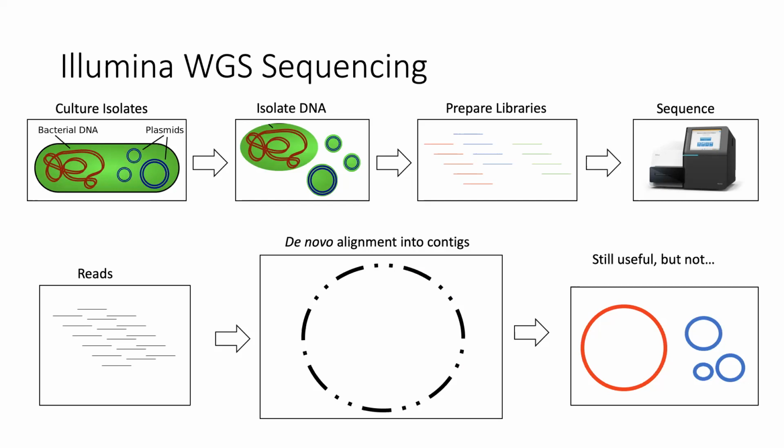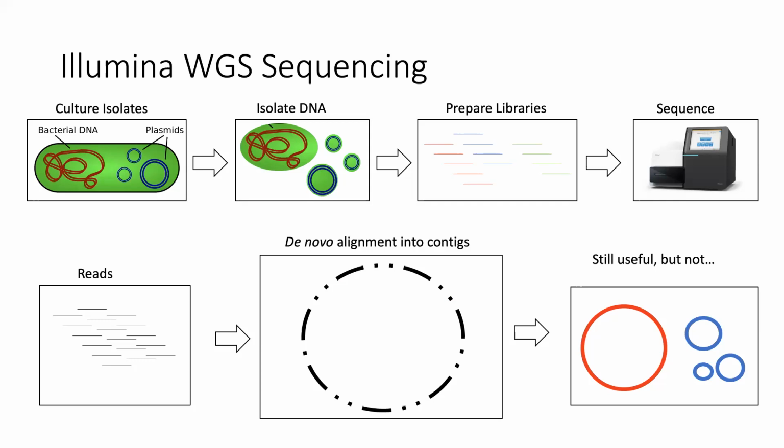That cultured isolate is then, we isolate the DNA from that cultured isolate and we prepare genomic libraries for sequencing. That is adding adapters, which are needed to get the sequences through the sequencer, as well as indexes or barcodes so that we can do multiple samples per sequencing run.